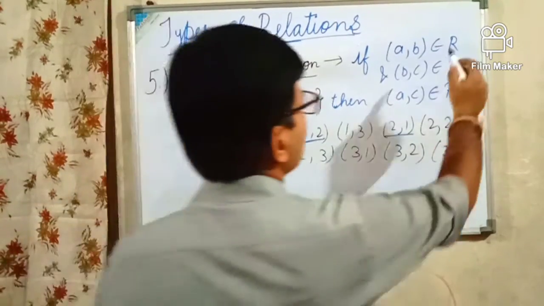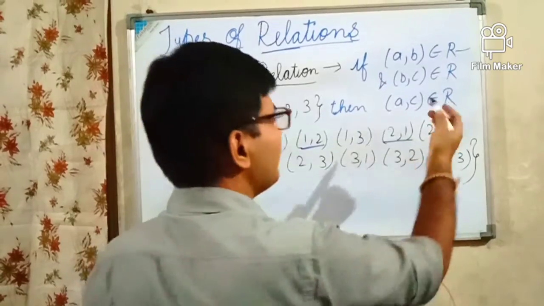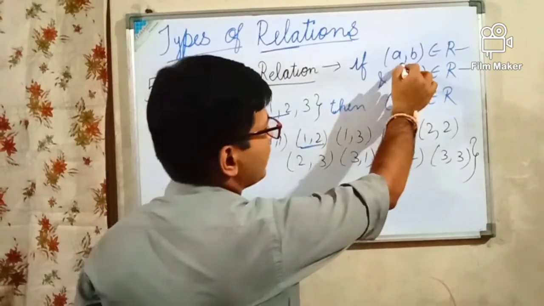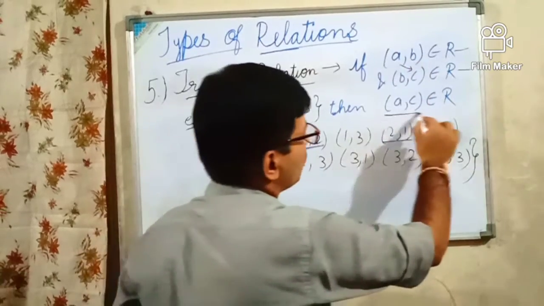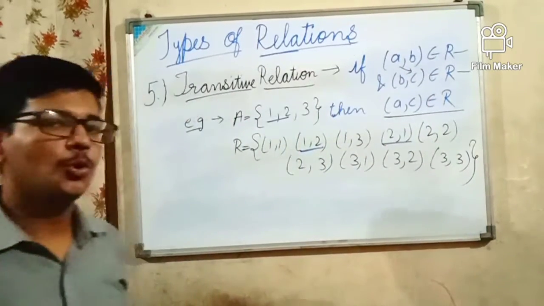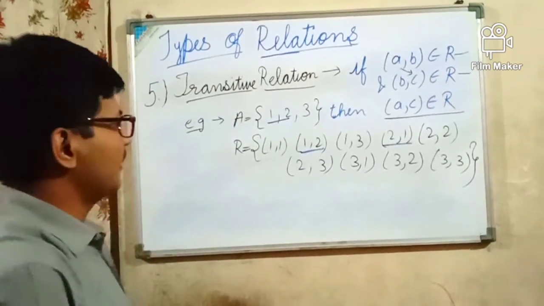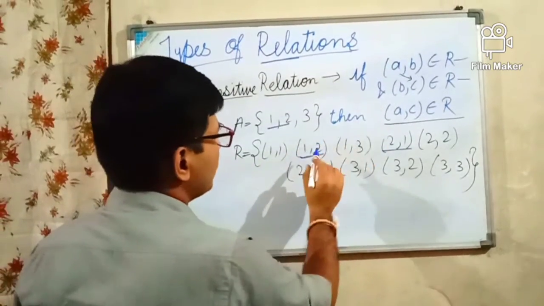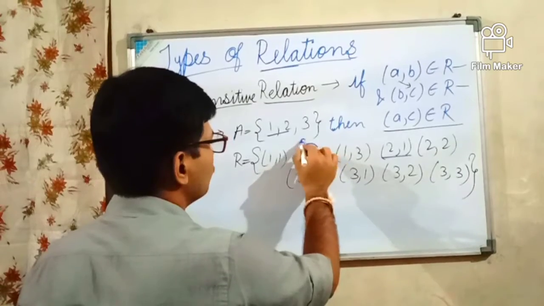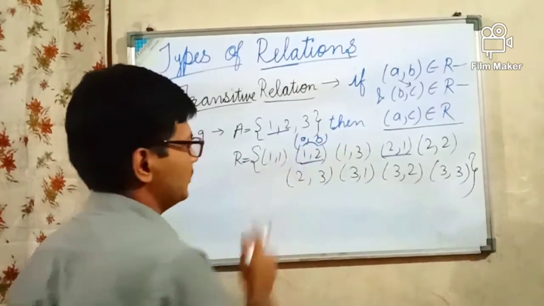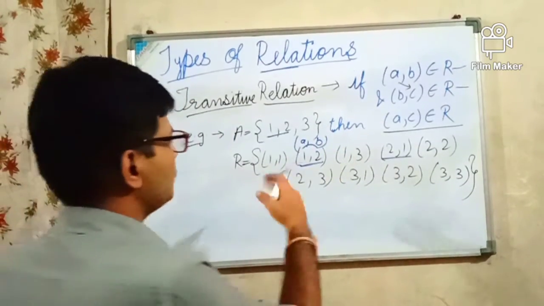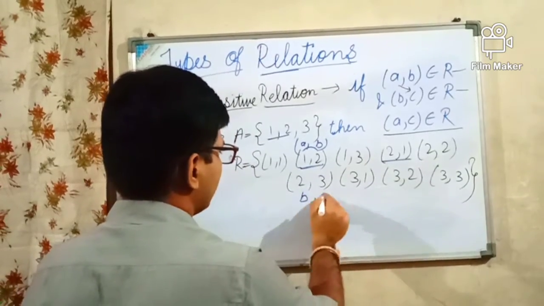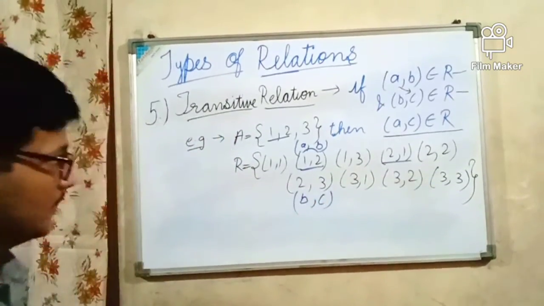That if (a, b) belongs to R and (b, c) also belongs to R, then (a, c) should also belong to R. अगर मैं यहाँ पे देखिए (1, 2), (a, b) मैं ले रहा हूँ 1 and 2, I take it as (a, b). और (b, c), suppose (2, 3), I am taking it as (b, c).